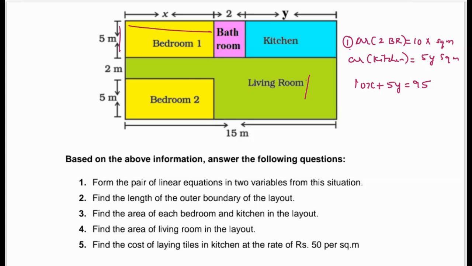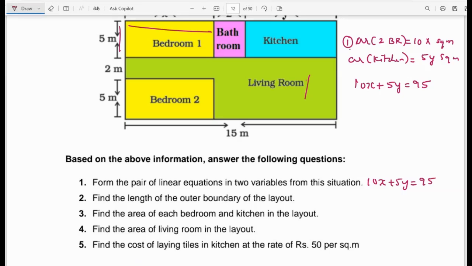Together they are making 95, so it is 10x square meter and kitchen is 5y square meter. So the equation will be 10x plus 5y equals 95.